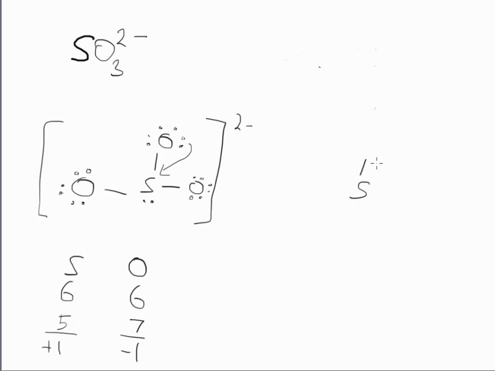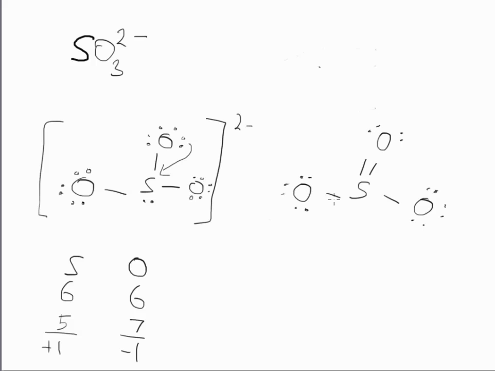We've got sulfur, we've got the oxygen, we've got another oxygen over here, we've got another oxygen over here. These oxygens have stayed the same, so we're going to assign our lone pairs around here, around here, around here, and around here. And of course this one is only going to have 2 lone pairs of electrons.